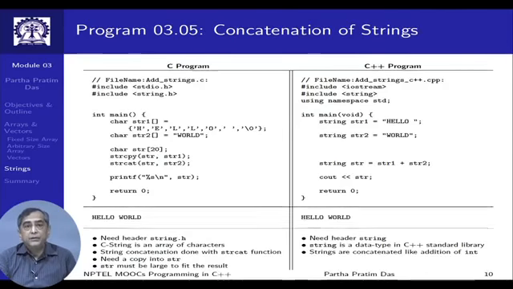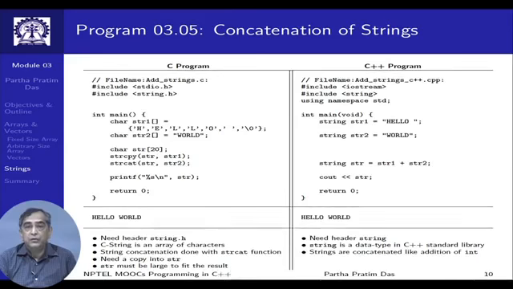Therefore, it becomes really easy to deal with strings in C++. Particularly note that in C, you will really need to know the size of the result, so that you can define an array large enough for the variable str, because if str is not enough in size, then strcpy or strcat later on will fail.